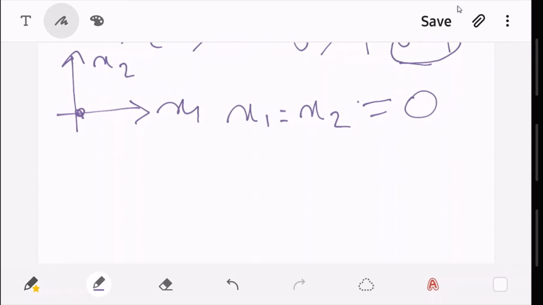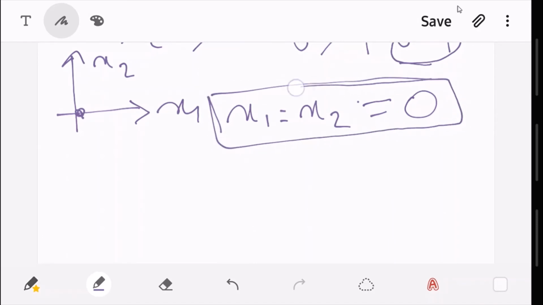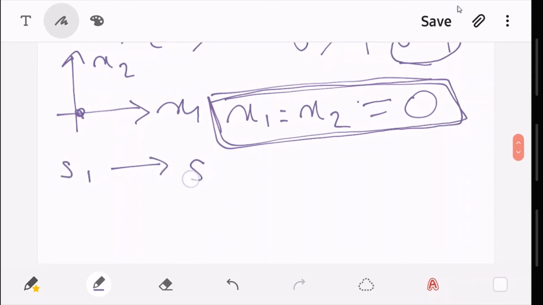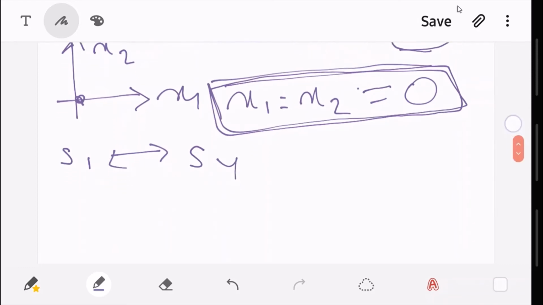So these two are my zero variables. The non-zero variables left are s1 to s4. So here will be my basic variables: s1, s2, s3 and s4.